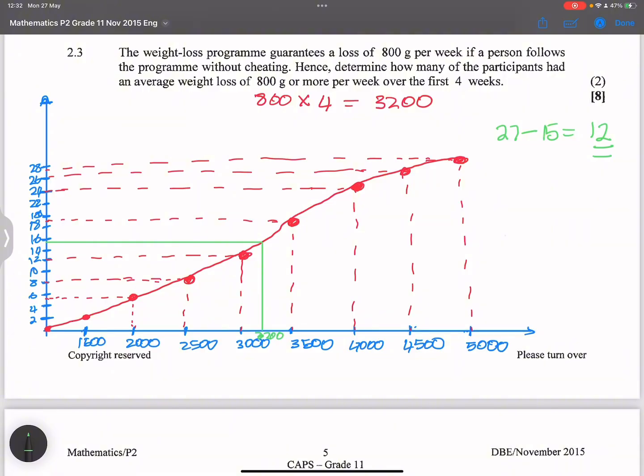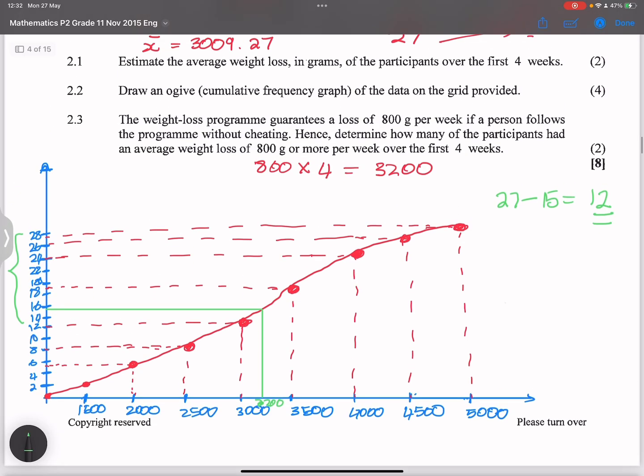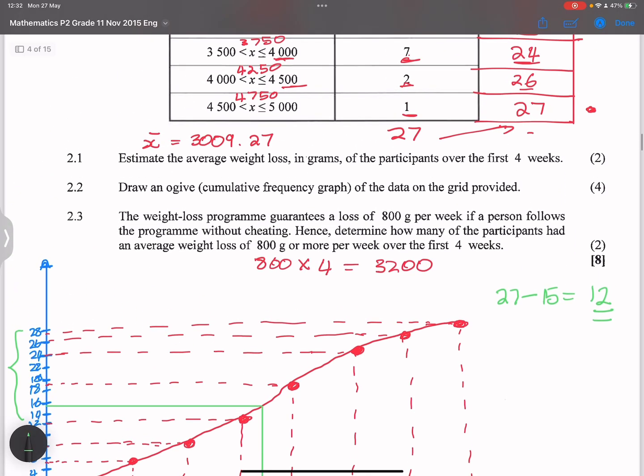Which means anyone between this point and the 15 mark has exceeded that 3,200. Ladies and gents, this is where we're going to leave this, and I hope you are able to understand. If you are still having a bit of a challenge in drawing these types of graphs, I'm going to send you to my stats videos, where you are going to see how to apply this more effectively. Let's go to the next question.